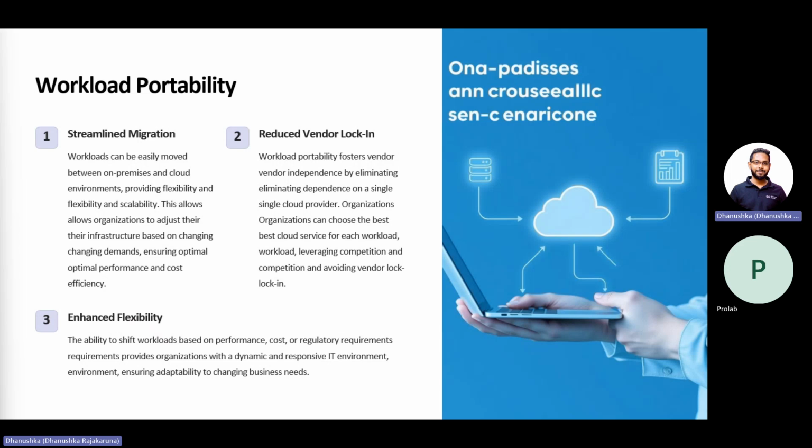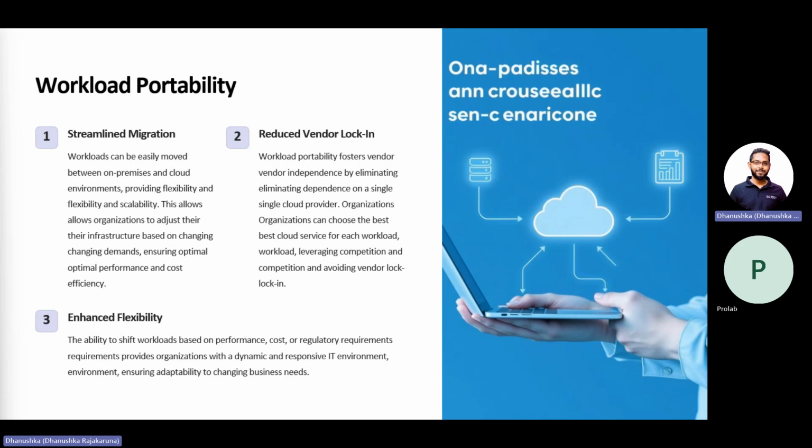So to streamline migrations: assessment and planning, incremental migrations. Tools that can be used are AWS Migration Hub, Azure Migrate, or Google Migrate for Compute Engine. Validation and optimization: test workloads in their new environments for functionality, performance, and security.